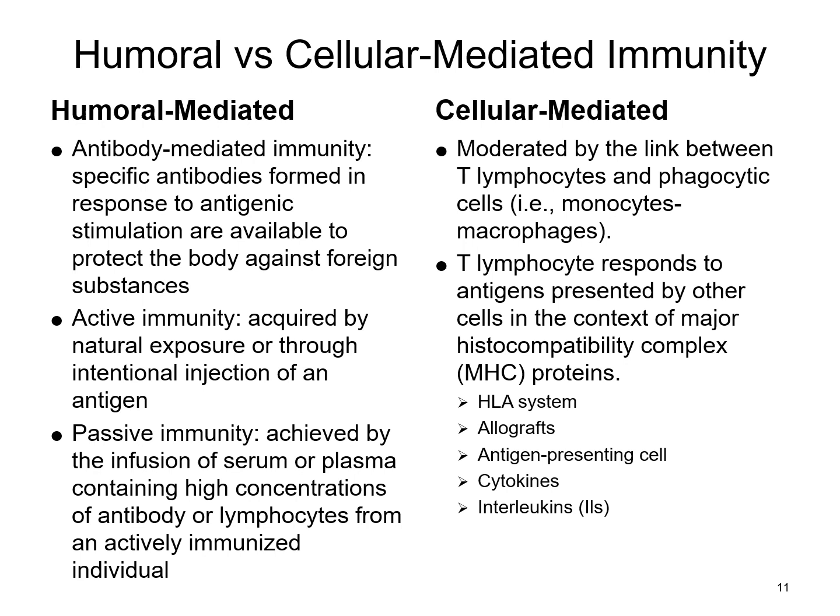T lymphocytes will respond to antigens that are presented by other cells in the context of the major histocompatibility complex proteins. These are a group of genes that code for proteins found on cellular surfaces that assist the immune system in recognizing foreign substances. In humans, this complex is also called the human leukocyte antigen, or the HLA system.